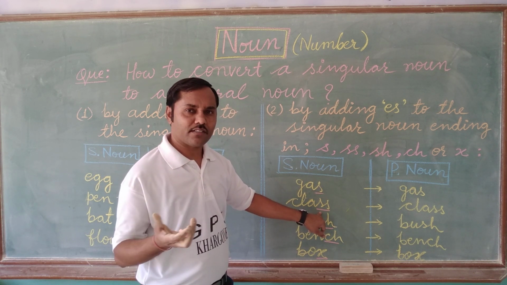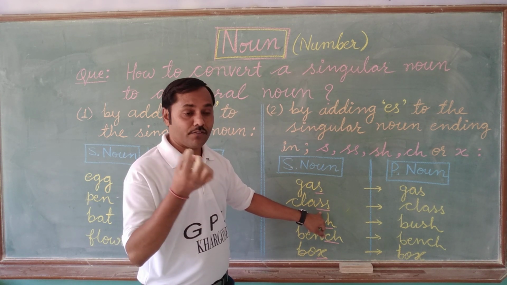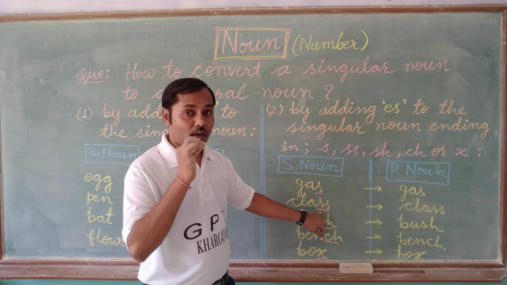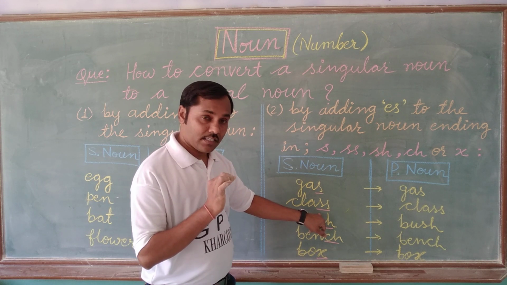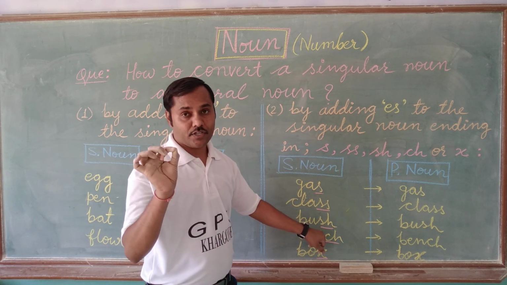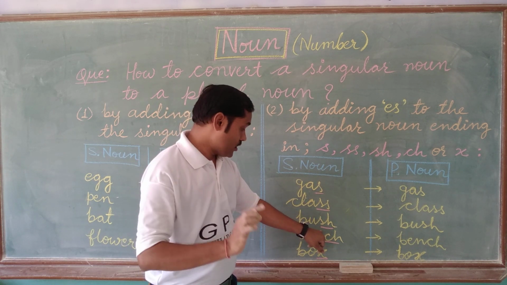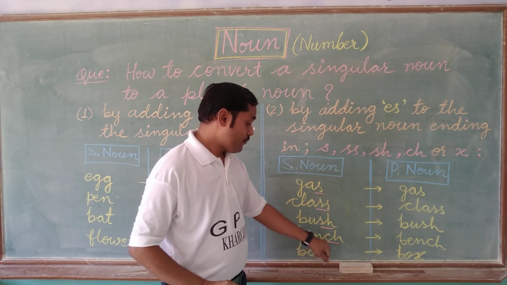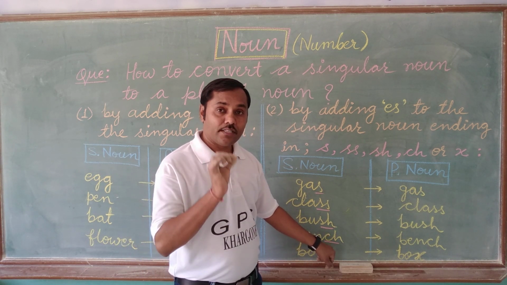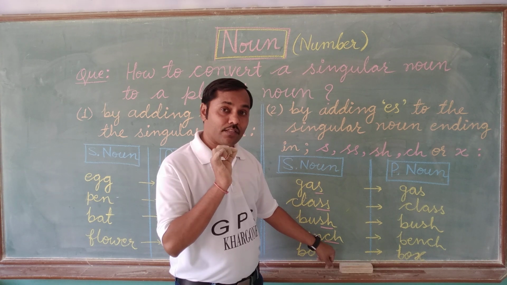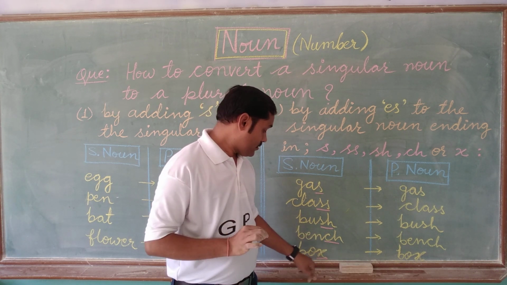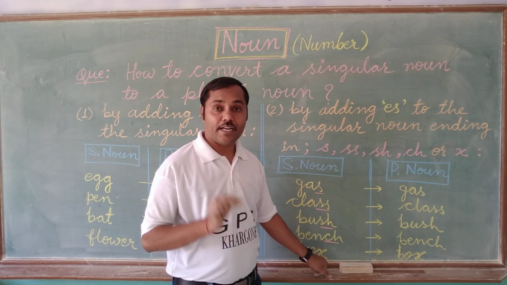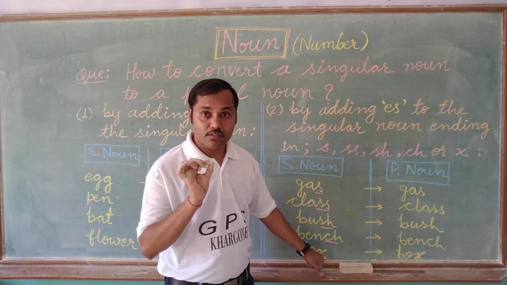There are so many things whose names end with the sound S. Guess, glass, SH, ending with the sh sound. Bush, bench. When any noun is ending with the pronunciation ch, bench. And box, the ending pronunciation is x.